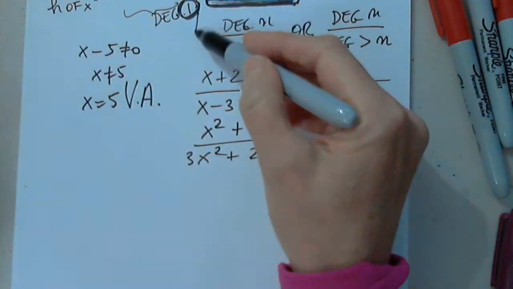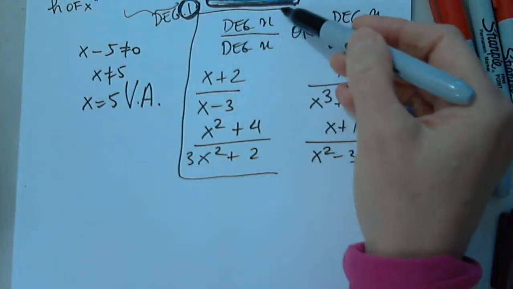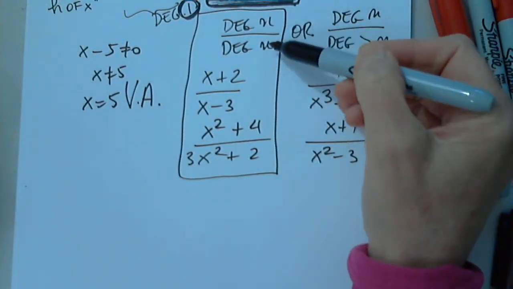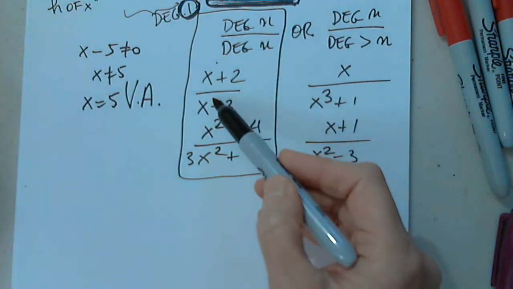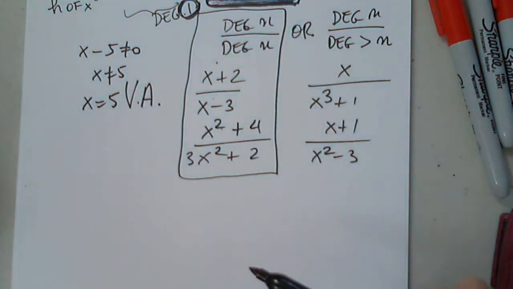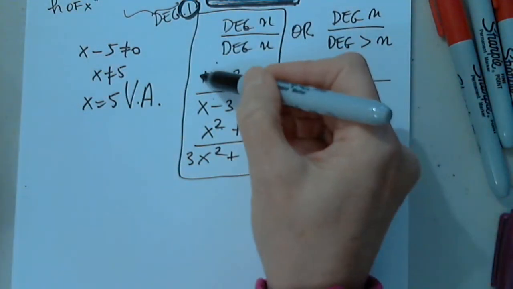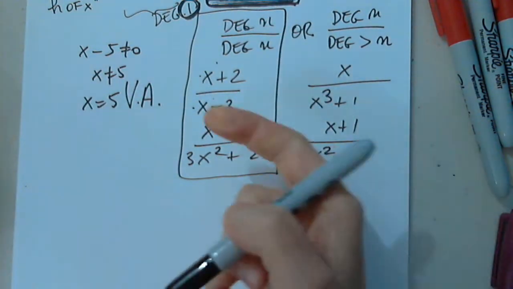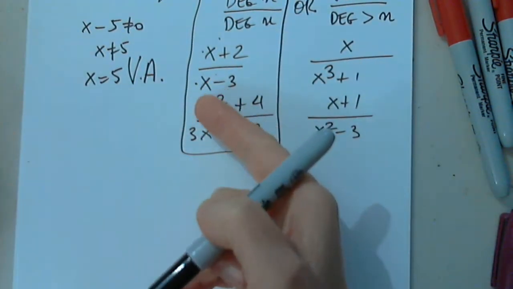So these are the two possibilities for horizontal asymptotes. Same degree over same degree: degree 1, degree 1, degree 2, degree 2. It will always be the leading coefficient over the leading coefficient, 1 over 1, or 1 over 3.